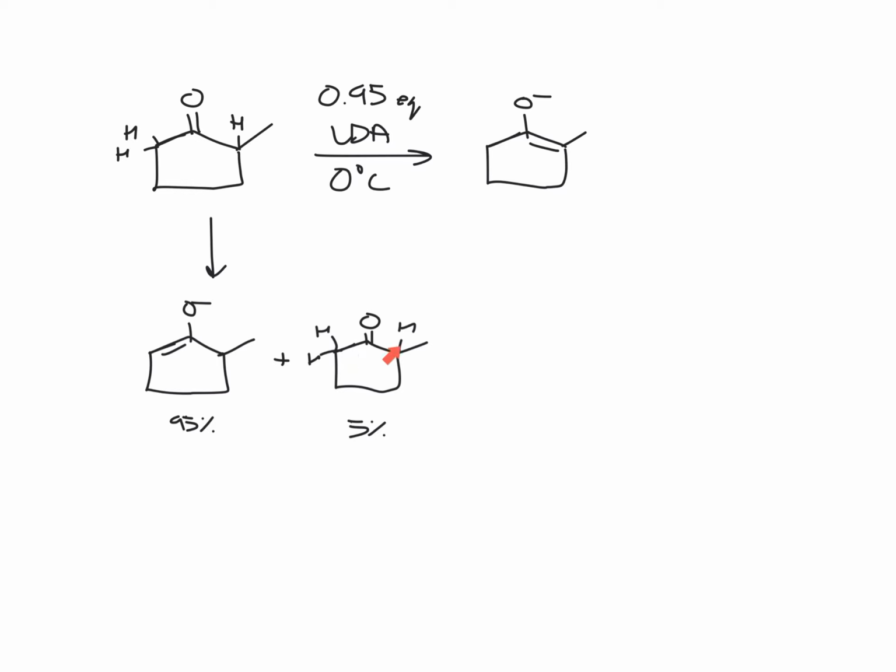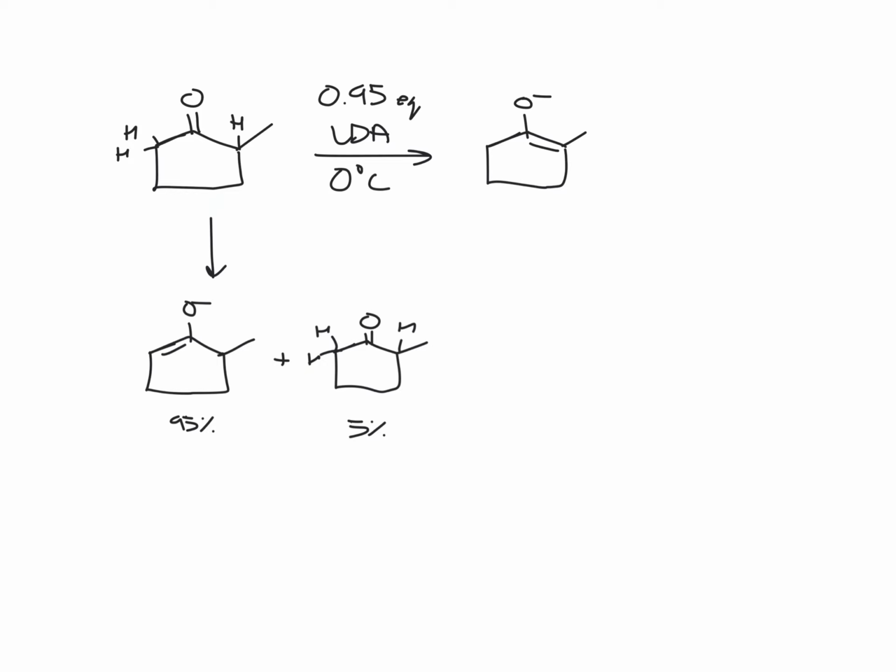But if we have excess starting material, then this enolate could deprotonate some of that starting material either over here or there to generate a new enolate. Now, if this enolate were to deprotonate either of those two hydrogens, it's kind of like a non-reaction. This would turn into the enolate, and then the enolate would turn back into starting material. So it wouldn't be productive.